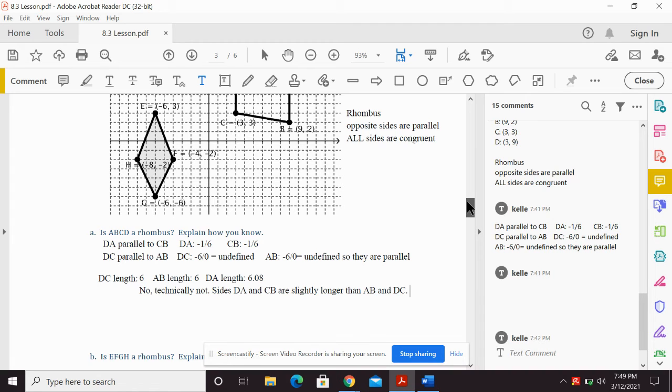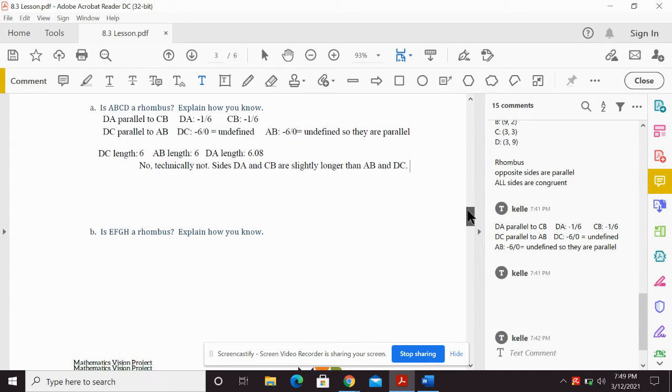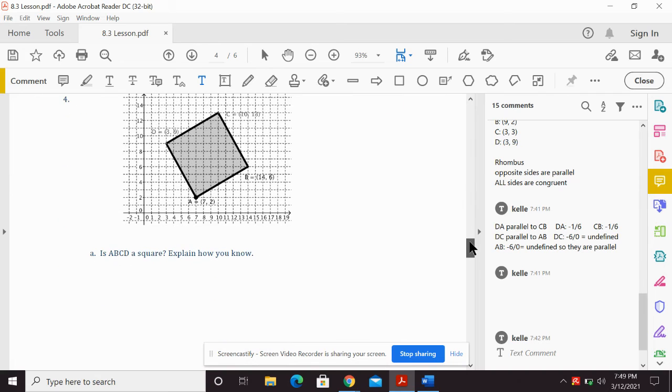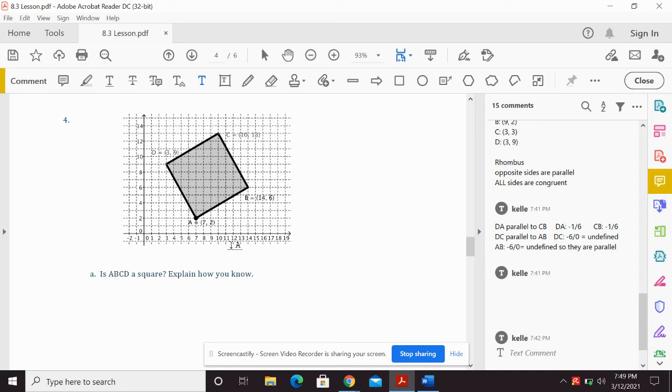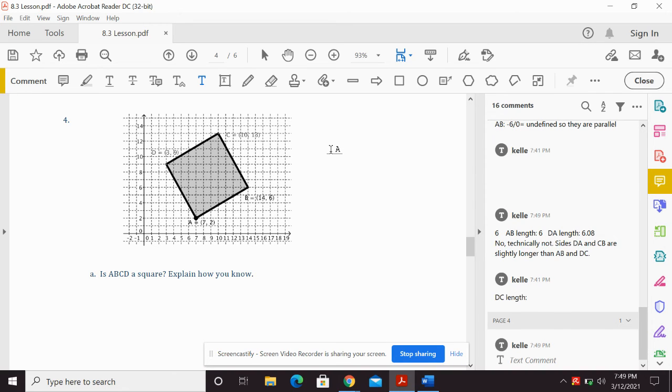Opposite sides have to be parallel, and all the sides have to be the same size. The last one you have is, is ABCD a square? To be a square, it has to be both a rhombus and a rectangle.